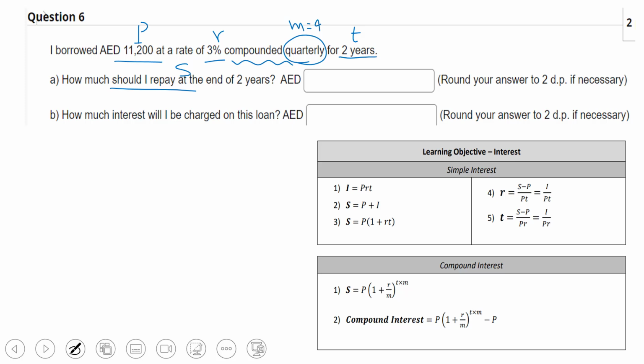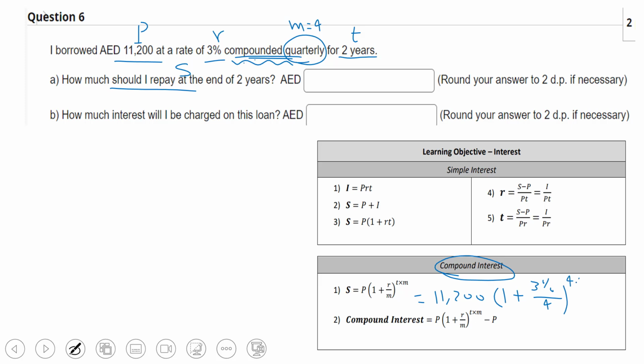So where is, yes, I am compounded. So I have to use the compound interest formula, right? So I go for S. I have P 11,200 times 1 plus R is given 3% over M. M, he said quarterly, so M is 4.